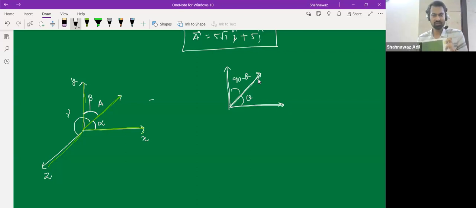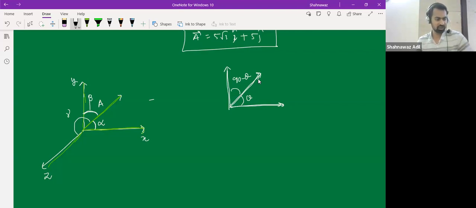But for the three-dimensional case, let me bring a three-dimensional object. It has a base, another base, and this height.